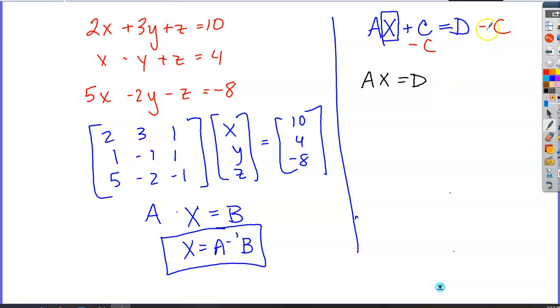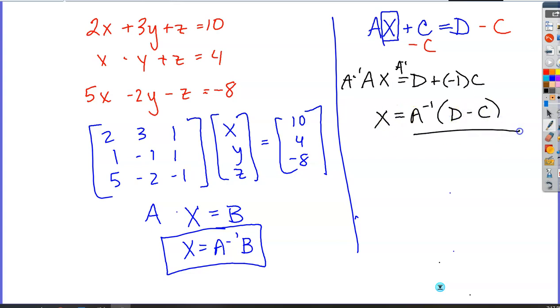Now remember, technically subtracting a matrix is the same as adding the matrix times a negative, right? So that's really what I'm doing. And then I'd get rid of the A by doing A inverse on both sides. But of course, it would be A inverse of all of that. So you'd have to do that. But totally doable. So most of the time it's A inverse B, but every once in a while you do get something where you have to do something a little bit crazy.